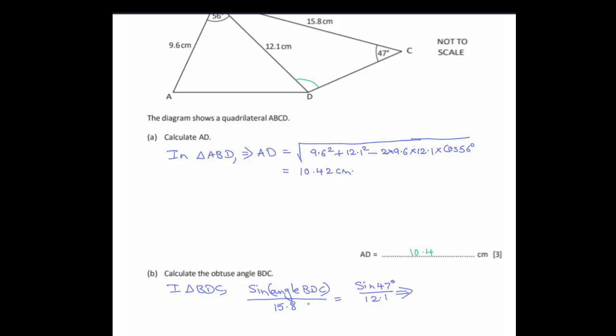Cross multiply, so you will have sine 47 into 15.8 is equal to 12.1 into sine angle BDC.